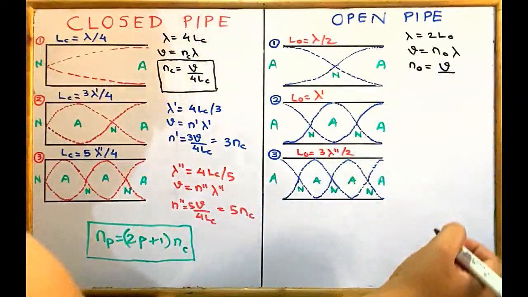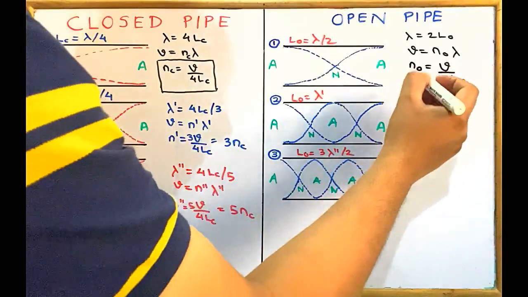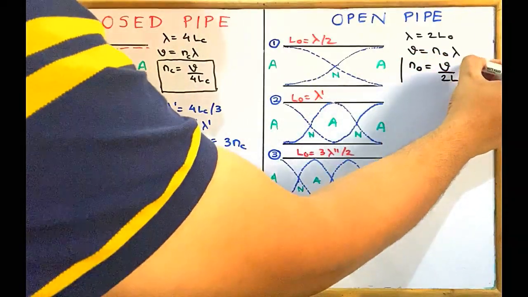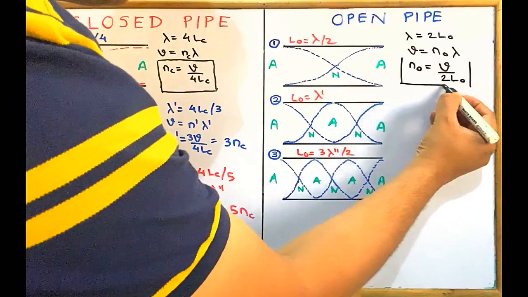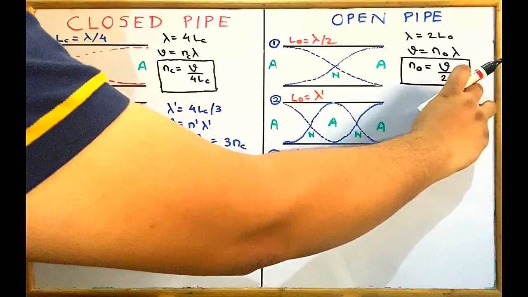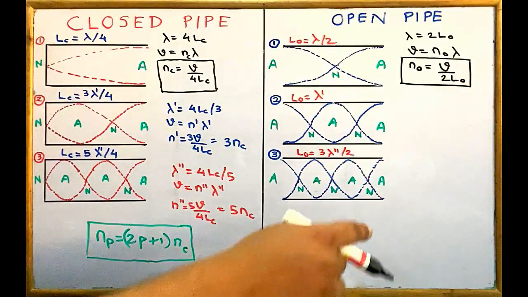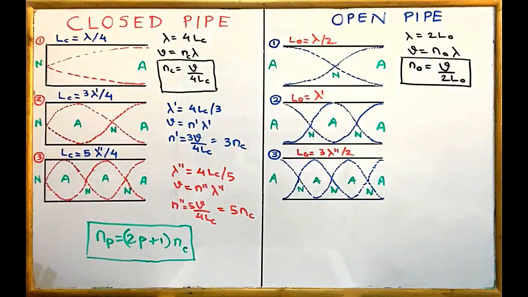It is V by lambda, but lambda is nothing but 2 LO, right? So this is my formula for fundamental frequency for an open pipe. Okay, next the first overtone here.